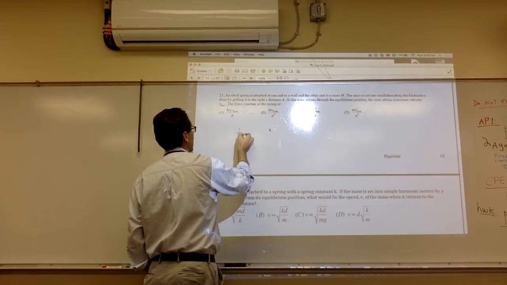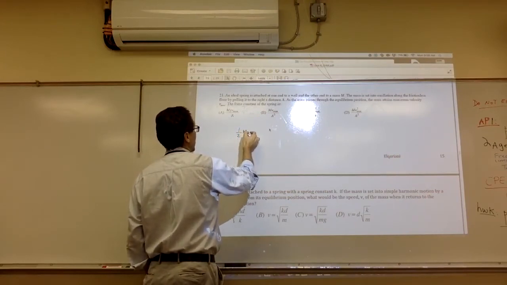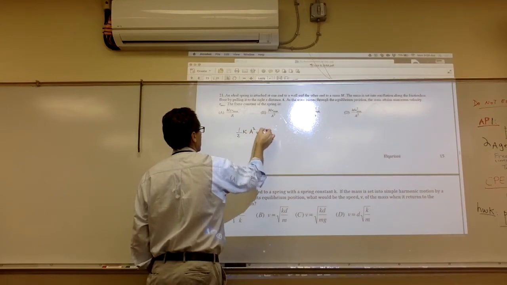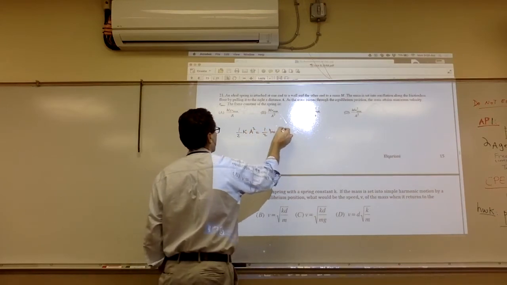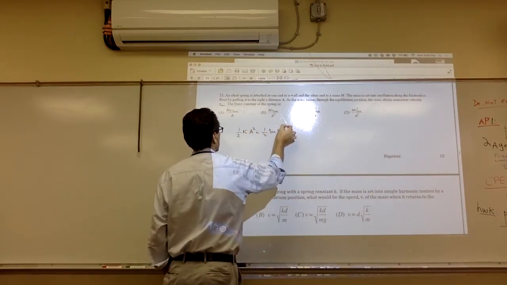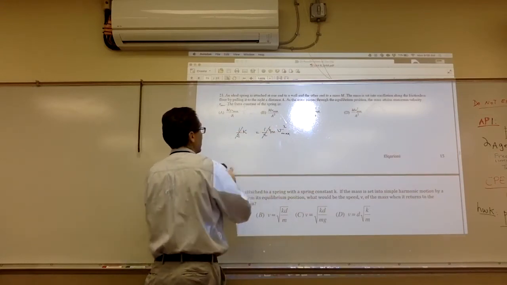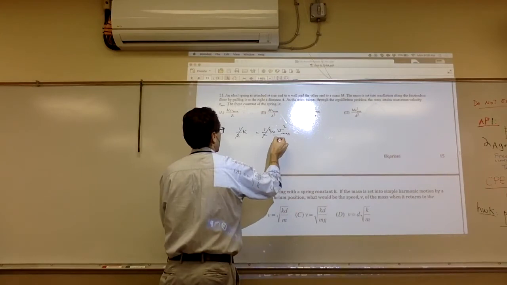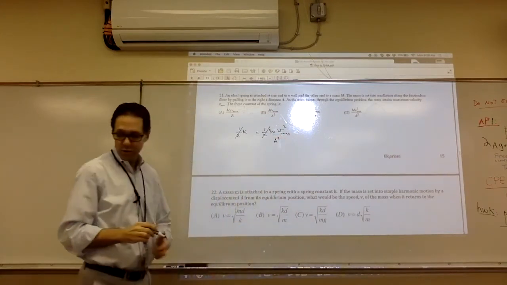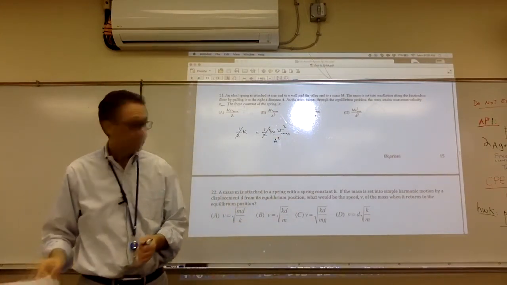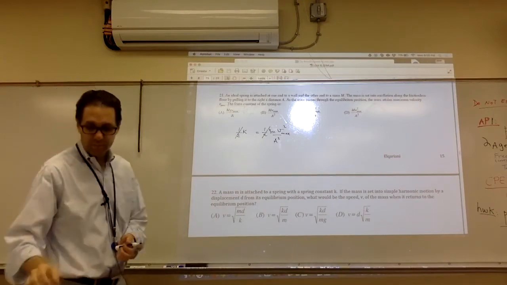So I can say that 1/2 k x squared, which is really a squared, is 1/2 m v maximum squared. So I can get rid of that. If I want to find k, all I have to do is divide this by a squared. So the answer should be D.